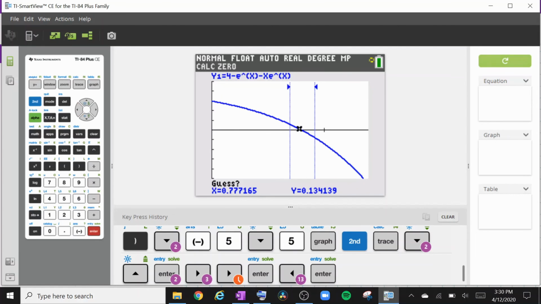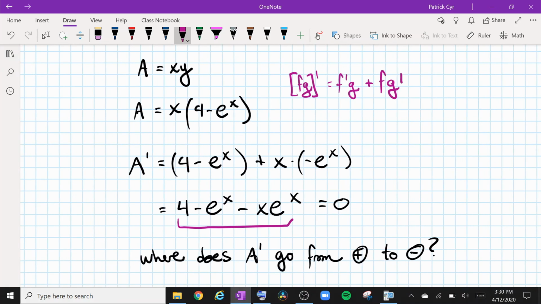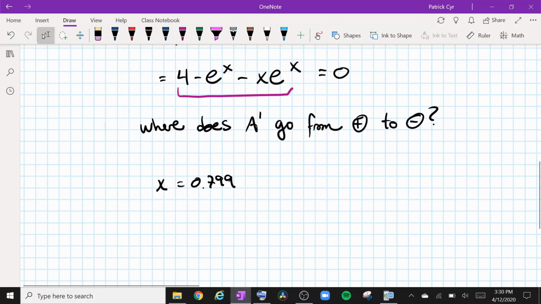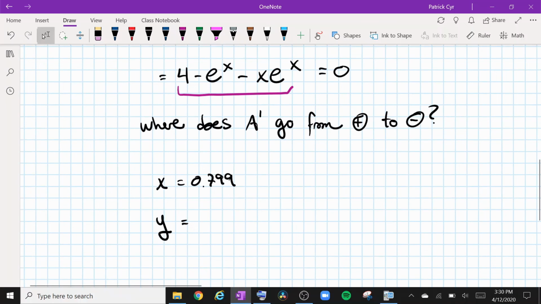And approximate where we think it might be. And so we get an x value of 0.799. Okay, so the x value that gives us the location where the derivative goes from positive to negative is 0.799, which means the y value is 4 minus e to the 0.799.